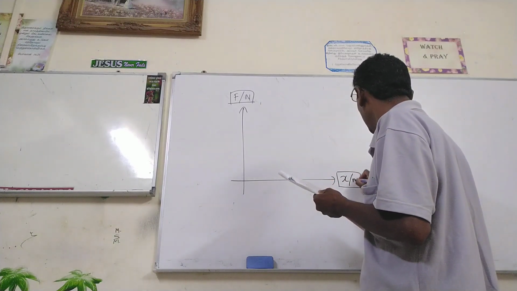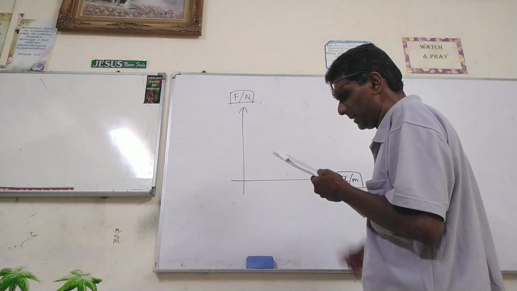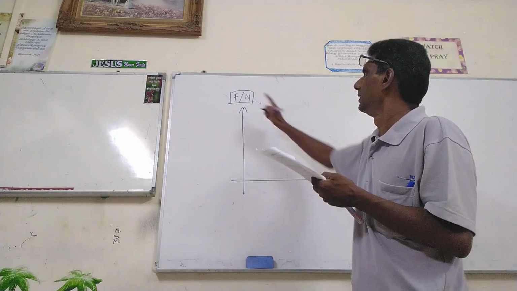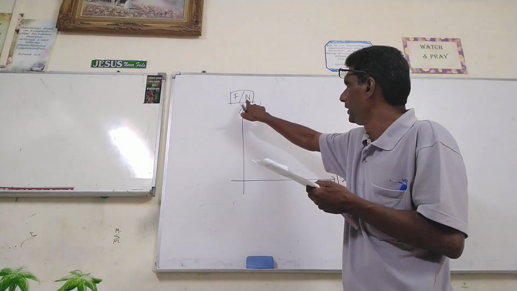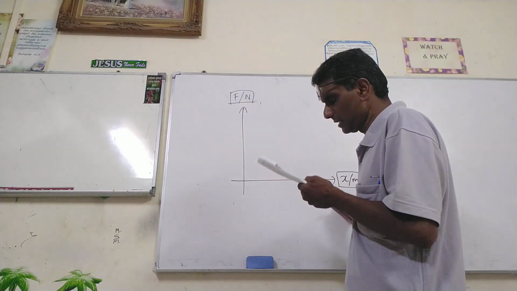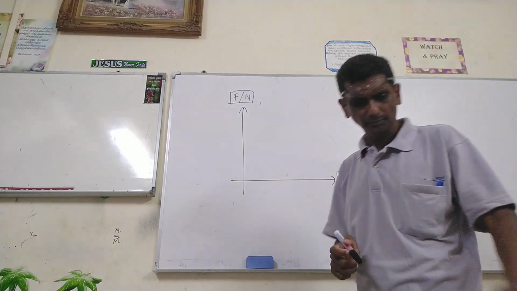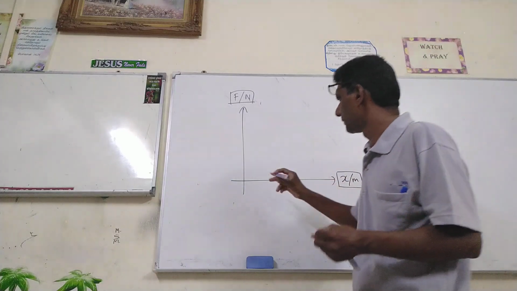The unit must be meter. They put centimeter, but the SI unit is meter. Force unit Newton, x extension, and the unit cm. So the graph looks like this.